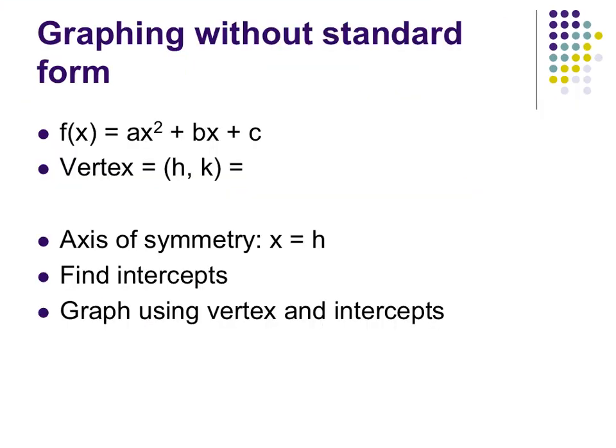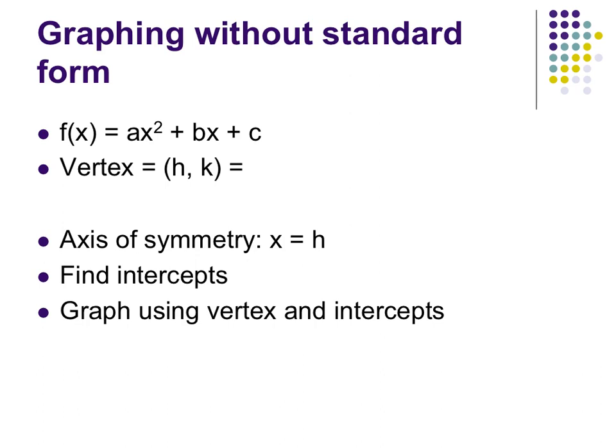All right. Your other option is to keep it in quadratic form and graph it. So on your quiz and on your test, you will be forced to put it into standard form by completing the square. But then you'll also have the option where I just give you an equation and you choose how you want to graph it. And this is the other option.